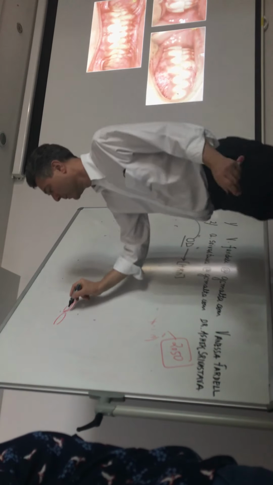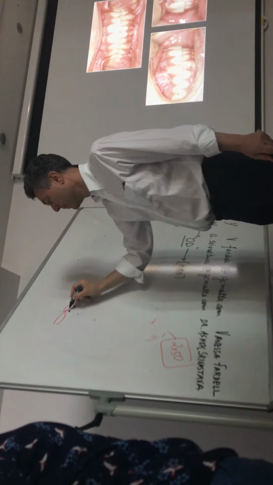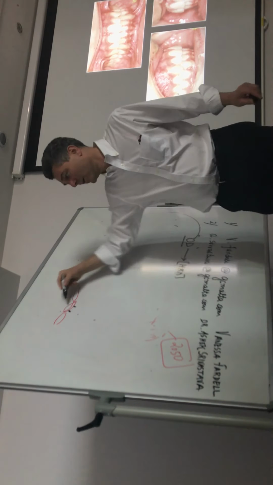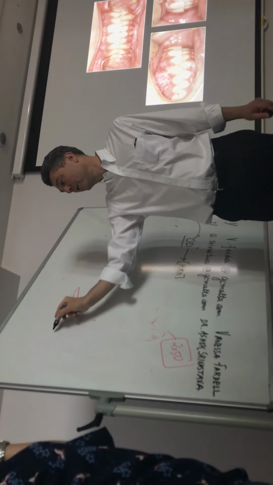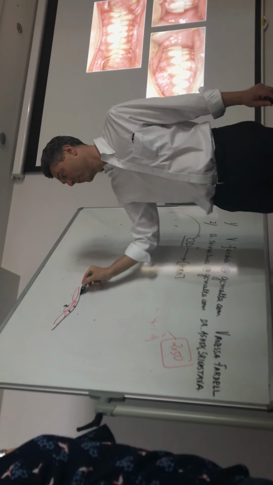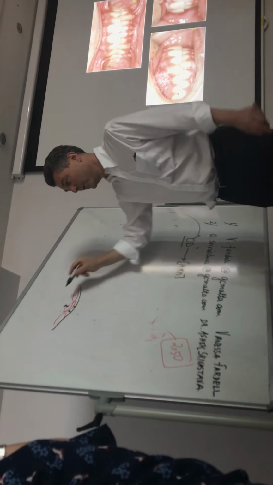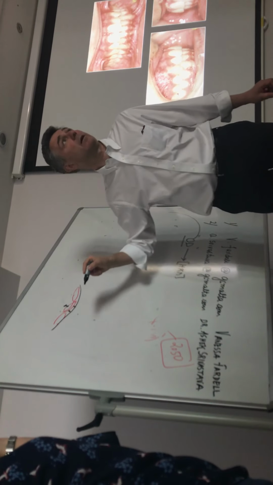So what you do, you have your brackets here, you put your button here, and you have the wire here. Now you want to rotate this way.